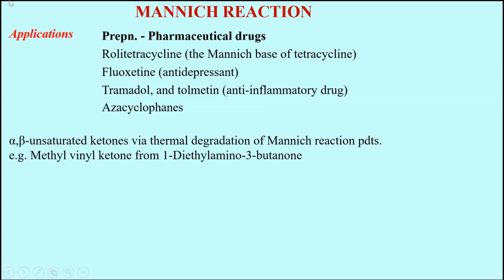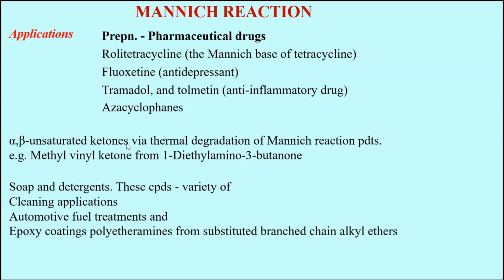Alpha beta unsaturated compounds or ketones can be prepared by thermal degradation of Mannich reaction product. Then I take diethylaminobutanone and heat it strongly. It loses diethylamine and gives methyl vinyl ketone, an alpha beta unsaturated ketone. This is an example for this.